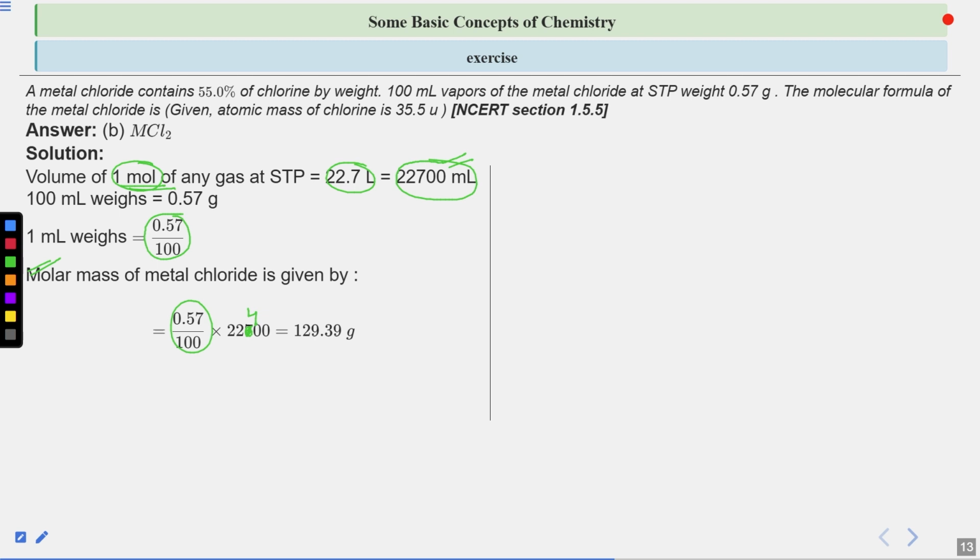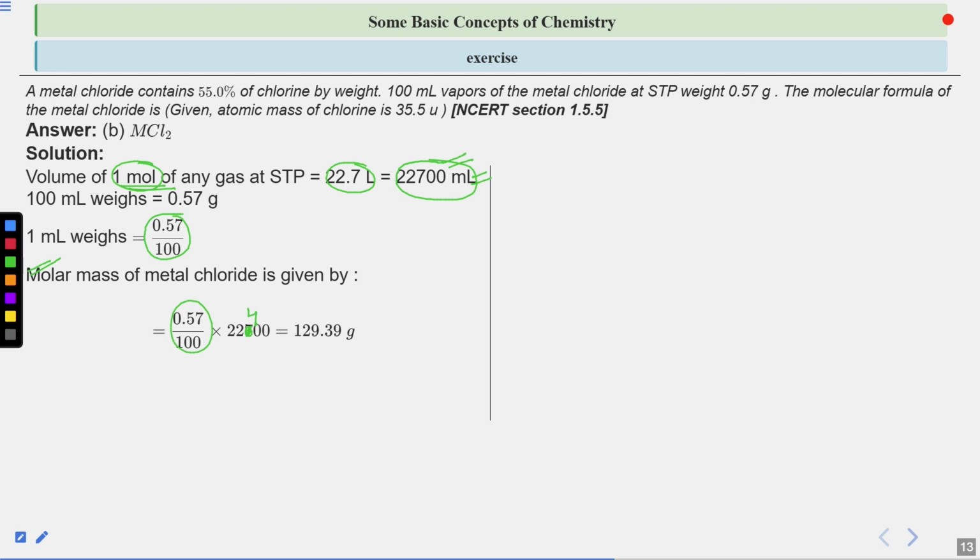Yeah. So if that is true, so if we calculate the mass of the gas that is present in this 22400 ml, then are we calculating the mass of the gas that is there for 1 mole? Just try to analyze these two statements. First, if we are taking 22400 ml of the gas, then we are taking 1 mole of the gas.